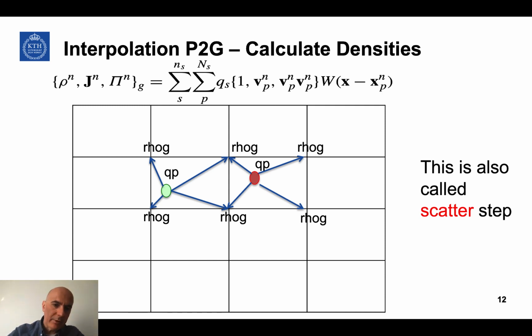If we want to calculate, for instance, the charge density defined on this point here, we basically check what are the particles that are surrounding this node, and then we deposit a part of the charge to that particular node, right?